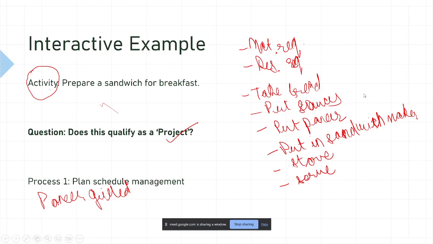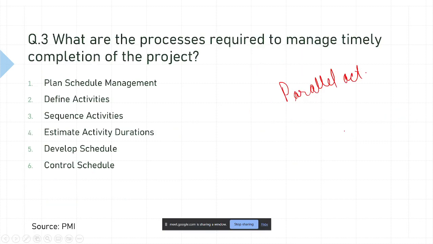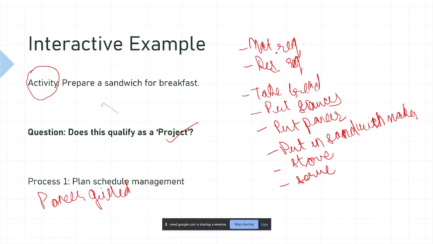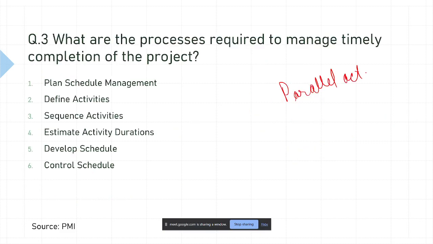Is this the final list we have for activities? So we had a process to define activities. We defined it. Now you were so good with your experience that you already put the activities in the sequence.